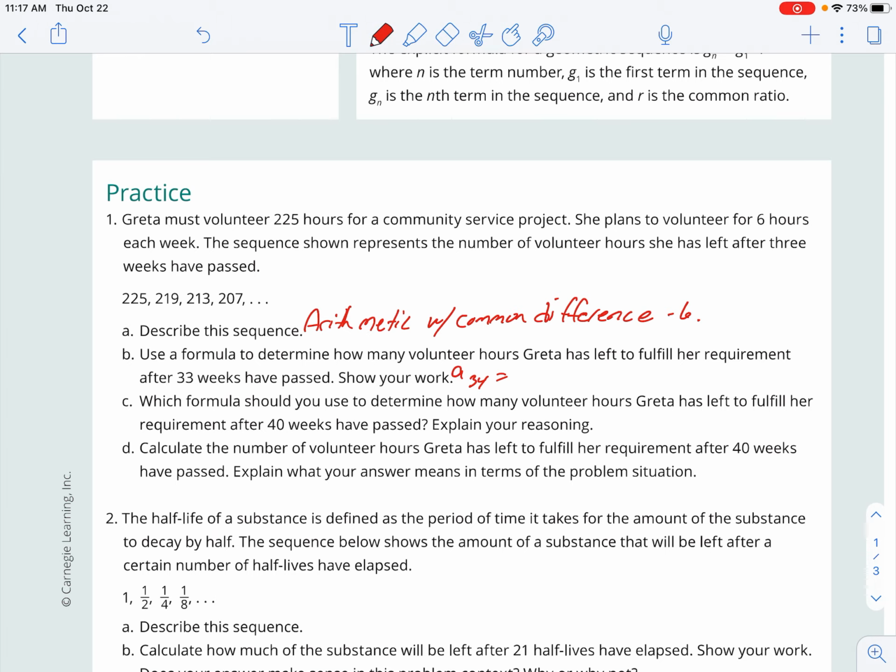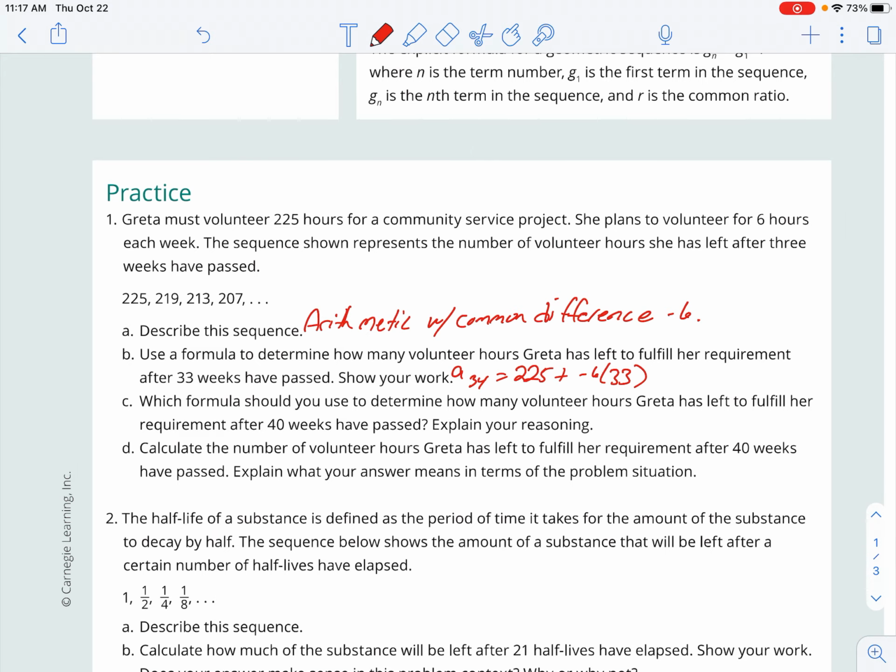So that A sub 34 is going to represent the 34th term. We have the initial amount of 225 hours we're starting with, and we are decreasing by 6 each time for however many weeks we're talking about. And we're talking about 33 weeks, so 34 minus 1. So 225 plus -6 times 33 weeks.